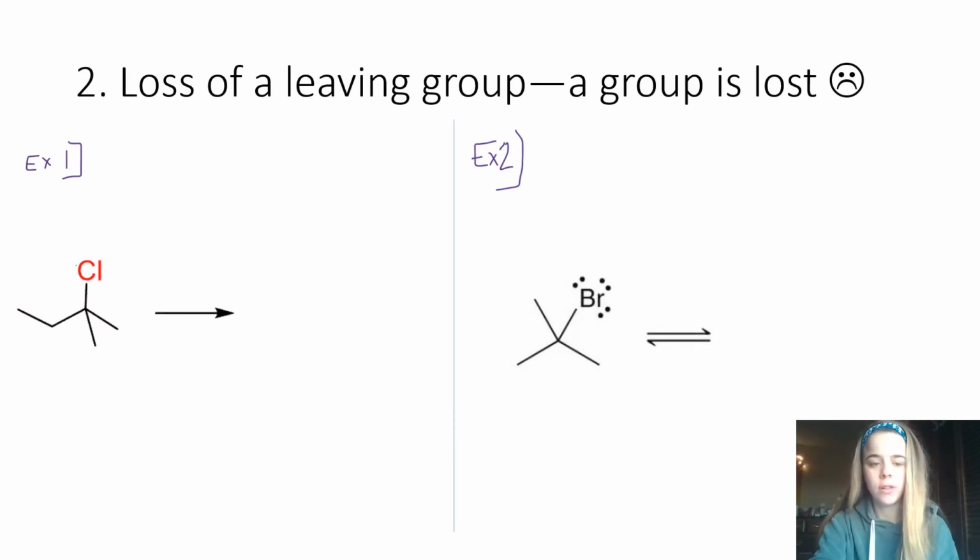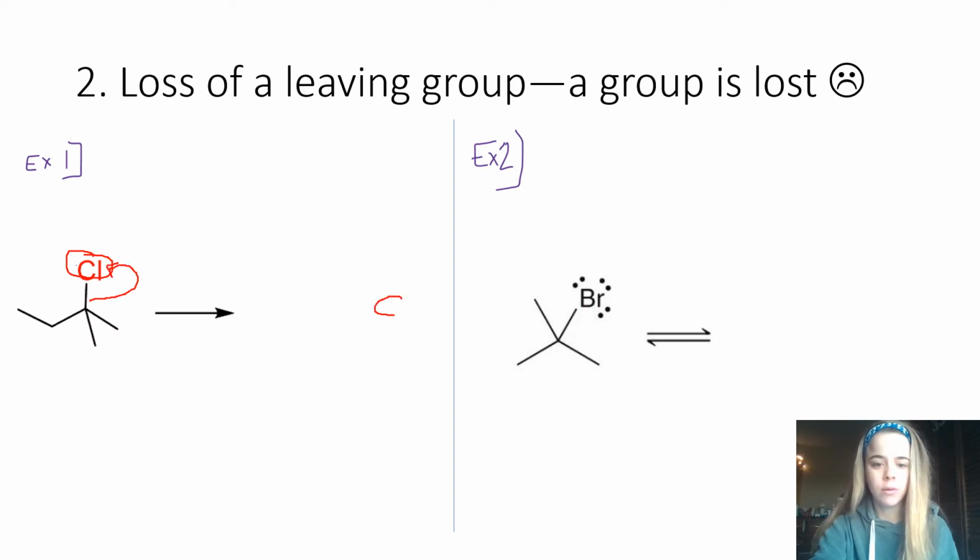Another way to show electron movement is through a loss of a leaving group, and in most basic terms, a group or an atom is lost, and the best way to show this is through, again, examples. So the first example, the chlorine group, is going to be lost, and the way to show this is through an arrow from this bond to the chlorine atom.